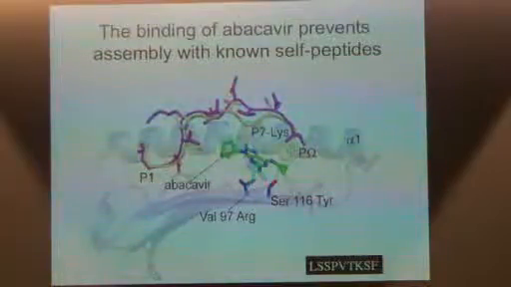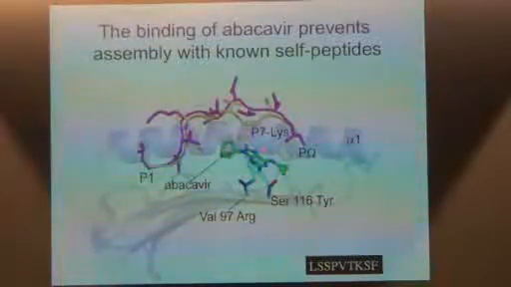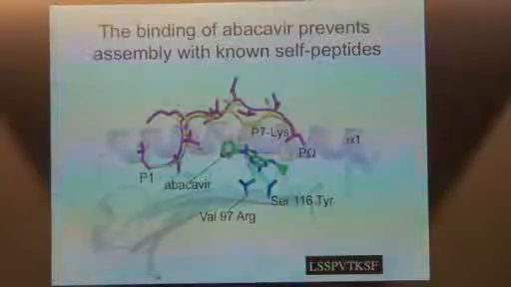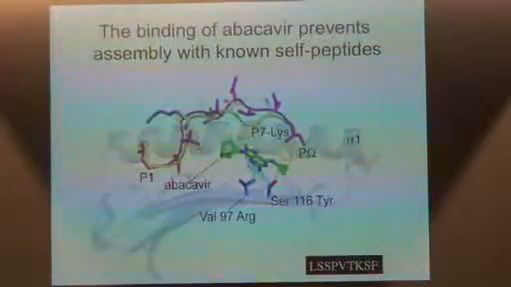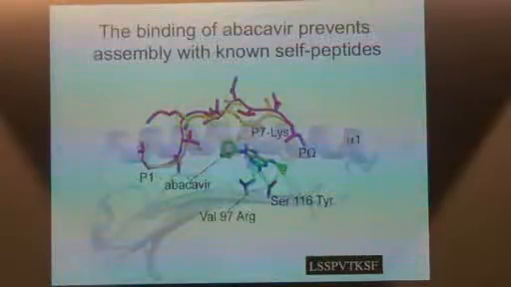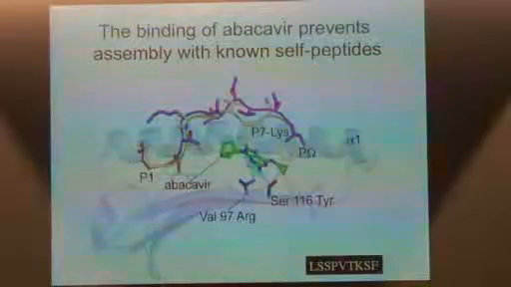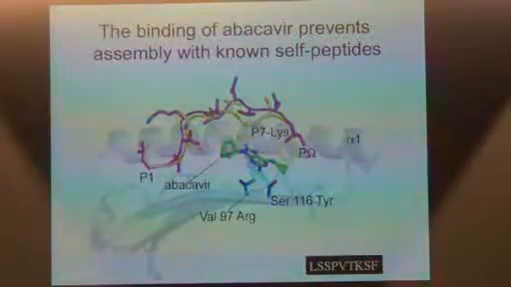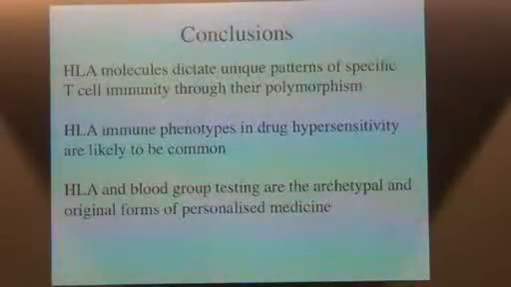By changing that, you increase the bulk in this space, and the green drug can no longer fit. So it's painfully simple geometry that explains this drug reaction, driven by genetic polymorphism in the cleft, which in turn is what drives genetic control of immunity in distinct individuals.